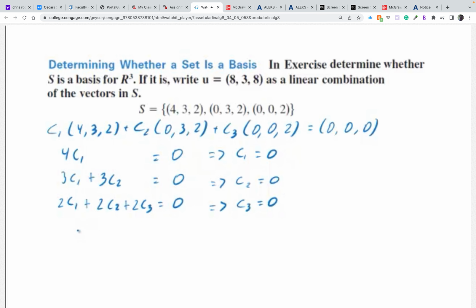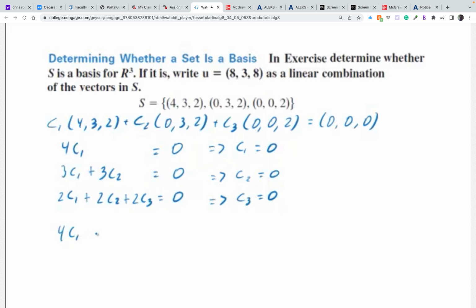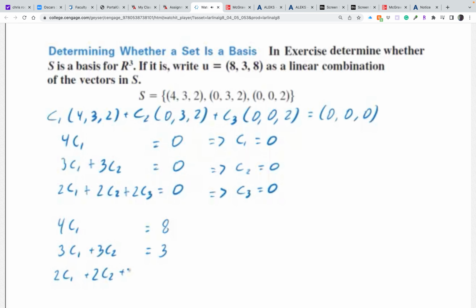So next we solve the equation with plugging in the value of U. So we will have 4C1 equal to 8. 3C1 plus 3C2 will be equal to 3. And 2C1 plus 2C2 plus 2C3 will be equal to 8.